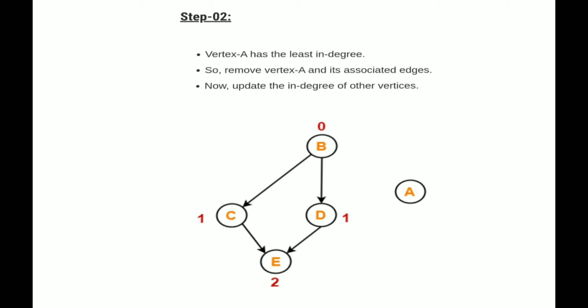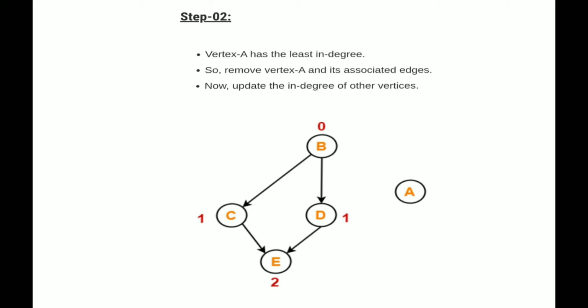Now in this graph, which vertex do we have to remove? According to the in degrees, degree means the number of incoming edges. Based on that, we have to remove the vertex. So now we have to remove vertex B because vertex B has 0 incoming edges. That means in degree of vertex B is 0.